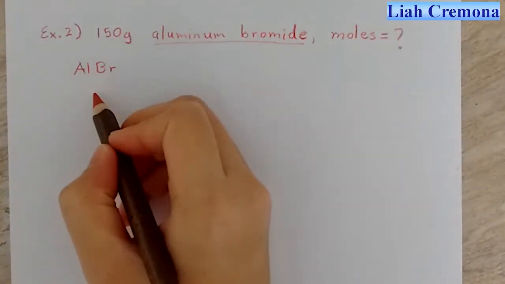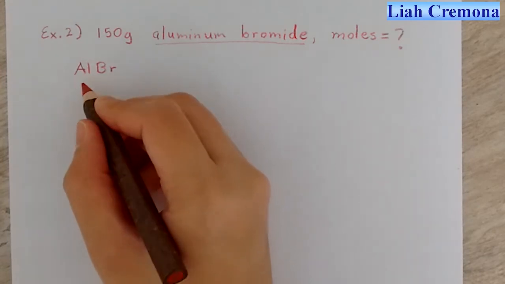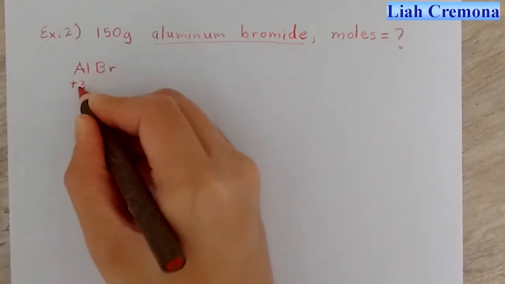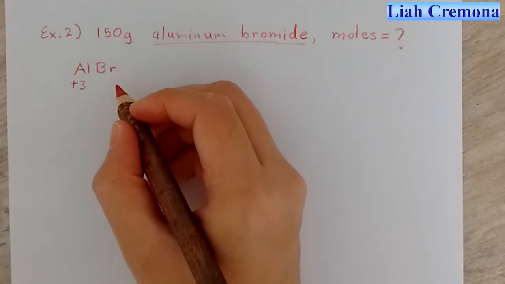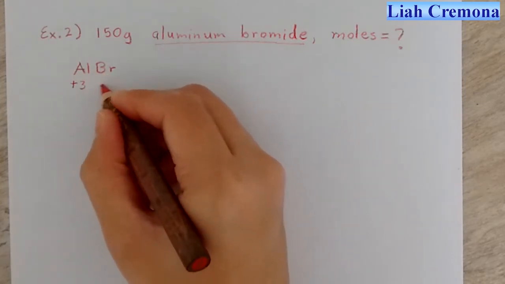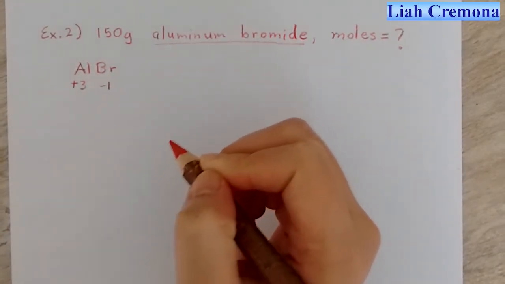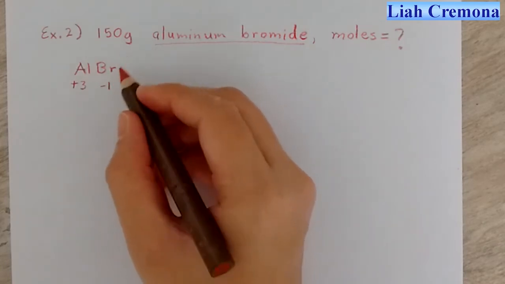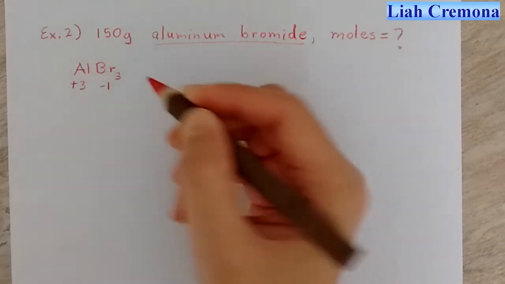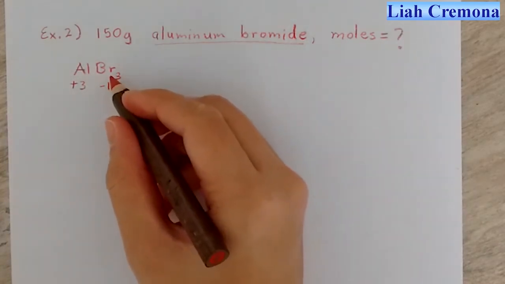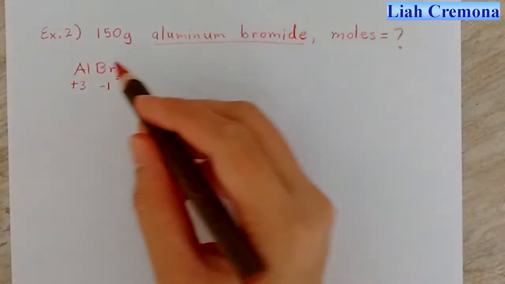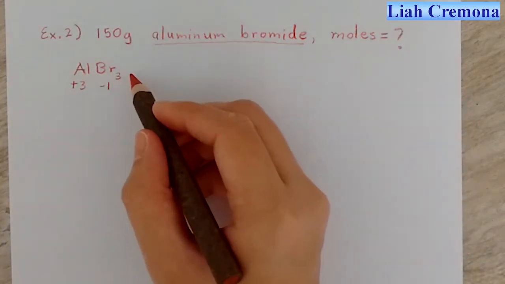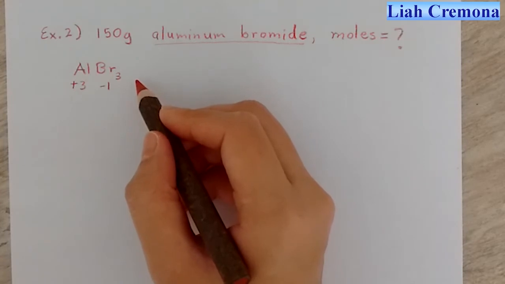Now, because the ion charge for aluminum is +3, and the ion charge for bromine is -1, we know that we have to have a subscript of 3 for bromine here, because we need the charge of the entire compound to be 0.